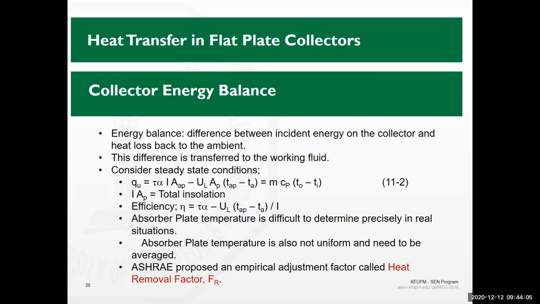But remember that there is a fluid passing through, and at one end there is cold fluid in, and the fluid temperature increases as it passes through the pipes. So the average temperature might not be exactly the same from one place to the other within the collector. There are locations where the plate is connected to the pipes and locations where it is not. So talking about a precisely homogeneous temperature for the whole plate is not practical.